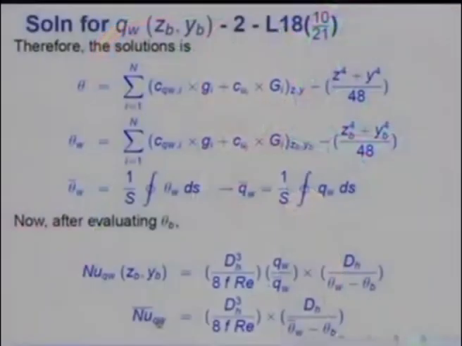So, Nu bar QW is equal to dH at f Re dH by theta wall minus theta bulk, where theta wall is given here and theta bulk is to be evaluated in the usual manner.